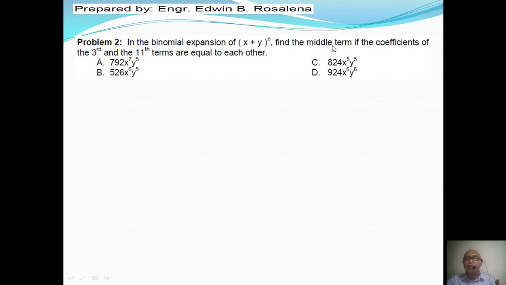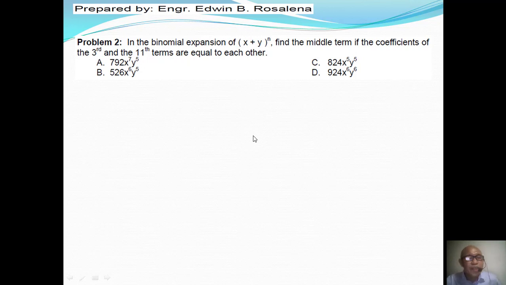Middle term, corresponding to the middle term. Na? Tapos, in the given expansion, wala ka namang numerical value sa n. N lang yan. No? So, meaning to say, before we can answer this, we must know what is n in the expansion. And we must know what is the value of r corresponding to the middle term in this expansion.